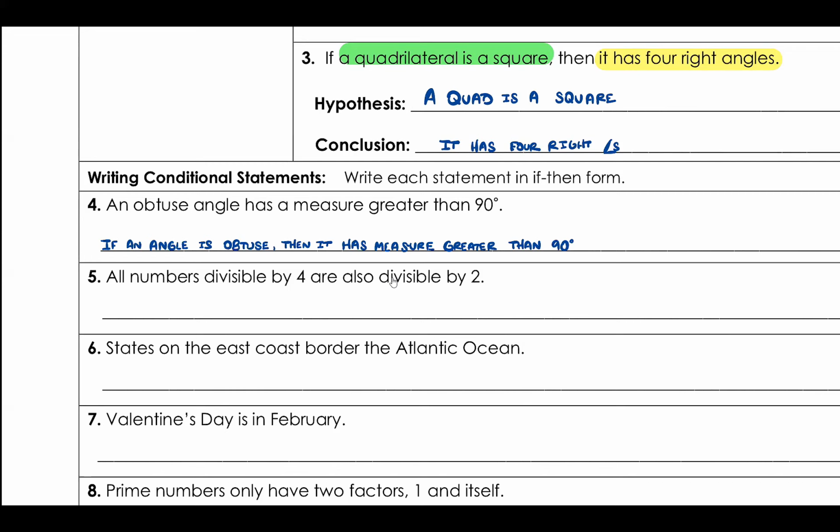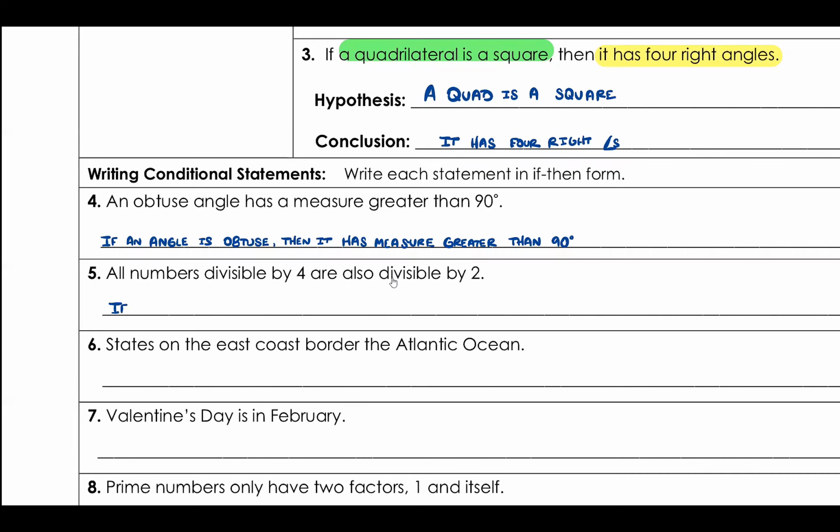All numbers divisible by 4 are also divisible by 2. What do we think? If-then form. If all numbers are divisible by 4, then they are also divisible by 2. Okay. So if a number is divisible by 4, is that what you said?